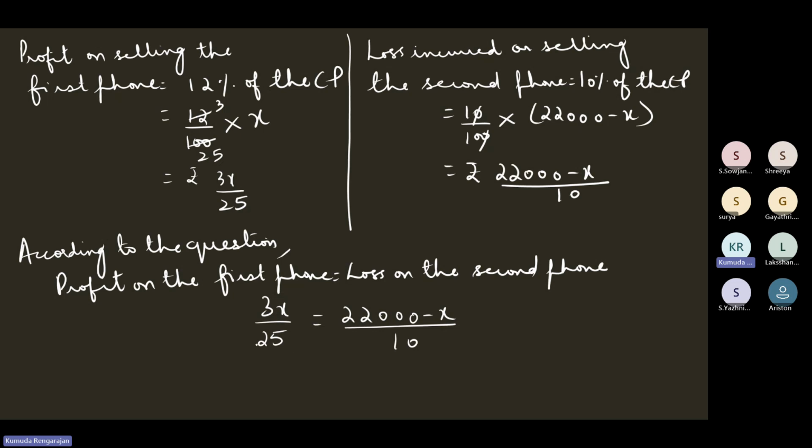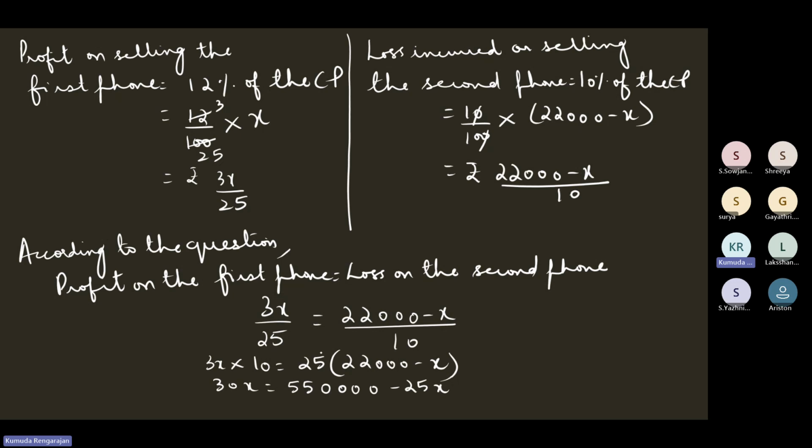So what do you get on cross multiplying? 3x into 10 is equal to 25 into 22,000 minus x. So 30x is equal to 25 into 22,000 minus 25x.